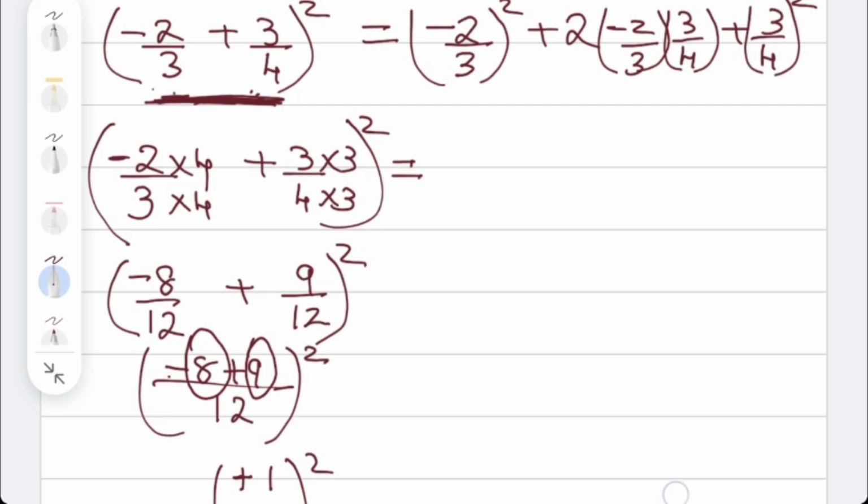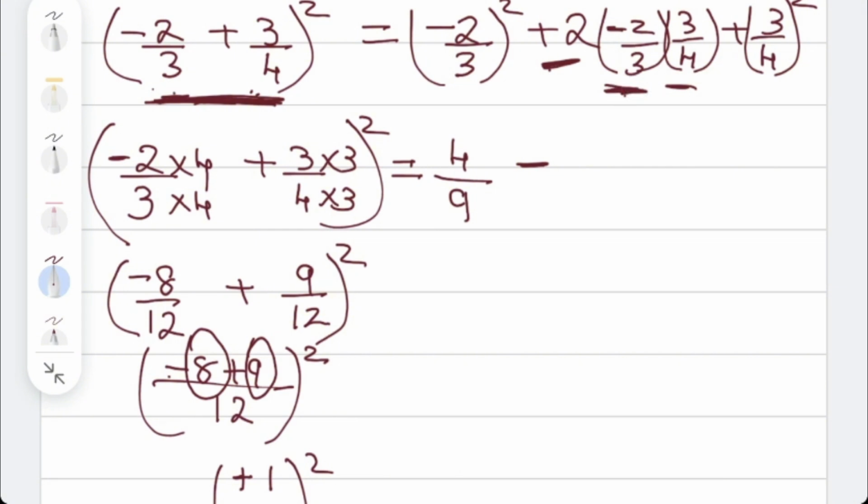Here it is minus 2 square is 4 and 3 square is 9. And here you can see there are three different signs: one is plus, one is minus, and this is plus. Plus into minus is minus, and then minus into plus is minus, so the middle term will have a minus sign. Since there are fractions everywhere, we can cross cancel.